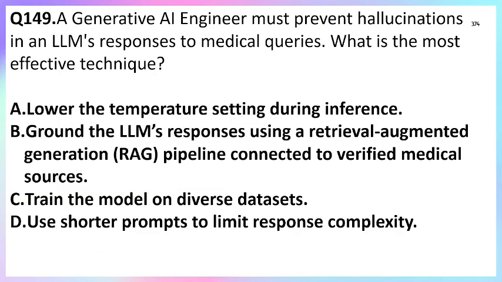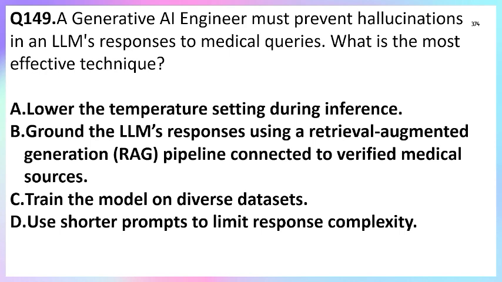Question number 149. A generative AI engineer must prevent hallucination in the LLM response to medical queries. What is the most effective technique? Option A, lower the temperature setting during inference. No, this doesn't have an impact. Option B, ground the LLM response using a RAG pipeline connected to verified medical sources. Yes, this will work, right?